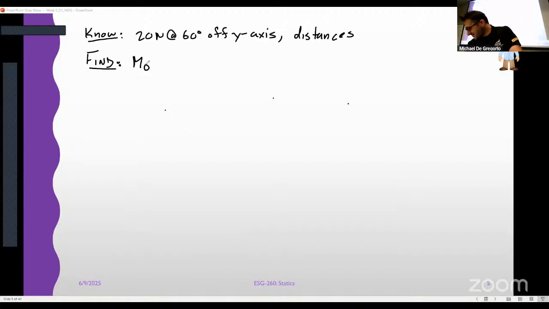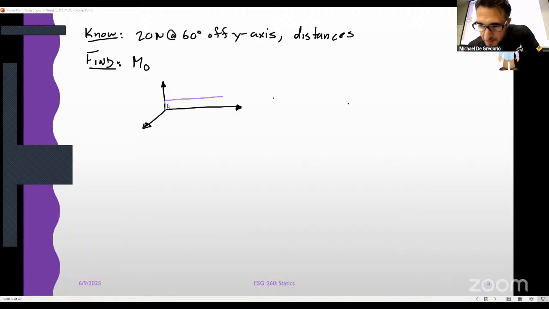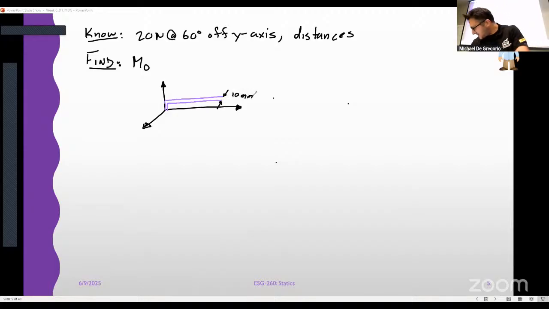All right, it says to draw a free body diagram. I guess we'll do that because we're always doing that, because it's everybody's favorite. Here is a very fancy free body diagram for this particular system. I guess I have to put a little bit of depth on that, so we'll make it look kind of like that. This has a thickness of 10 millimeters.